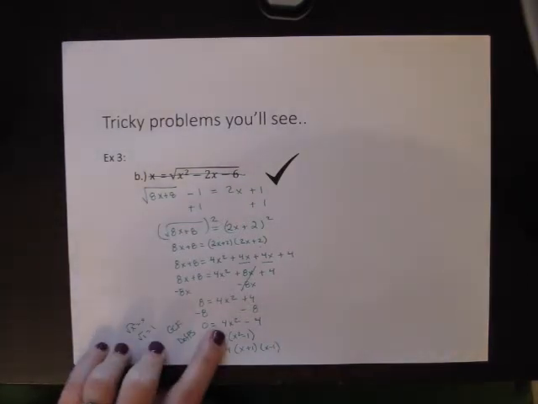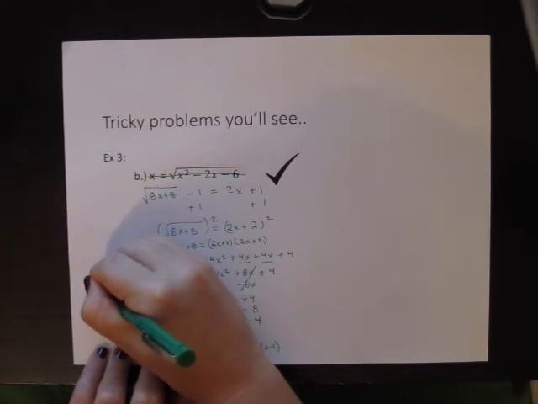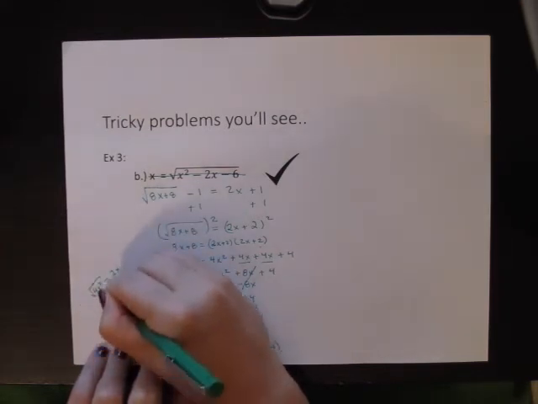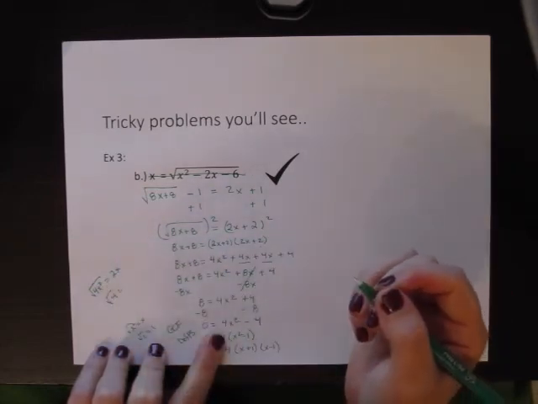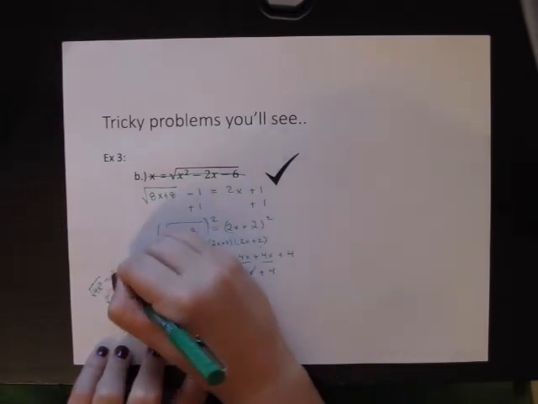But if you wanted to do it right up here as a difference of perfect squares, you would take the square root of 4x squared, which would be 2x, and then the square root of 4, which would be 2.